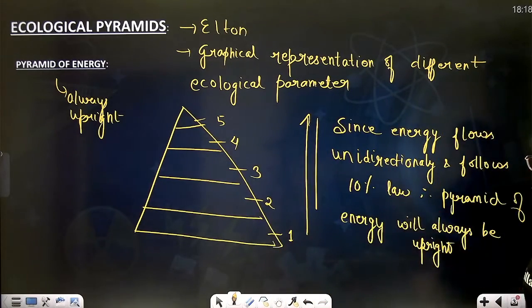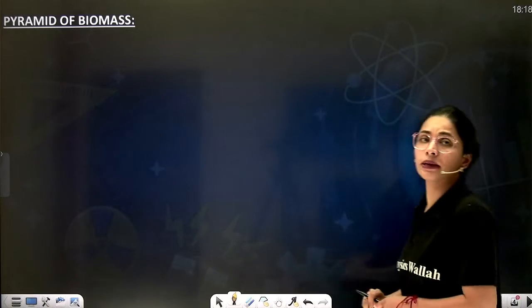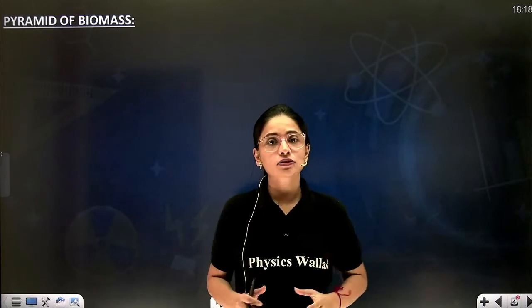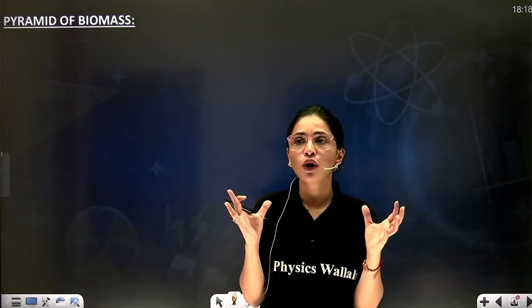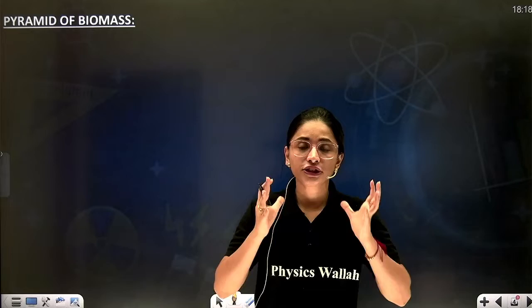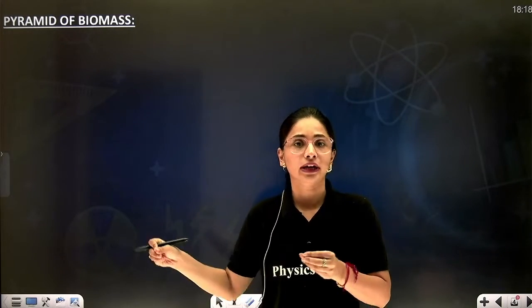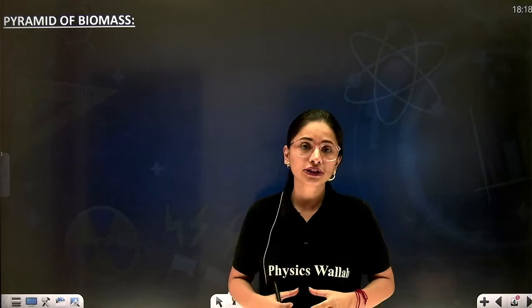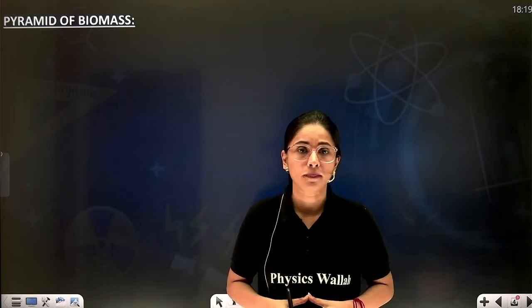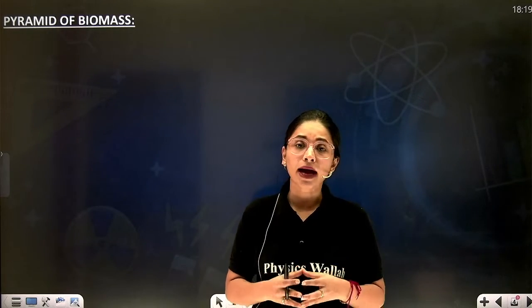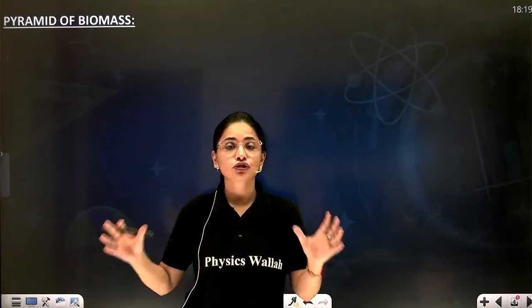Okay. Now, the second pyramid is the pyramid of biomass. Beta, basically biomass stands for the total amount of living matter generated by different organisms occupying different trophic levels. There's one terminology used called standing crop. Standing crop means the total amount of living matter, biomass, present at each trophic level.